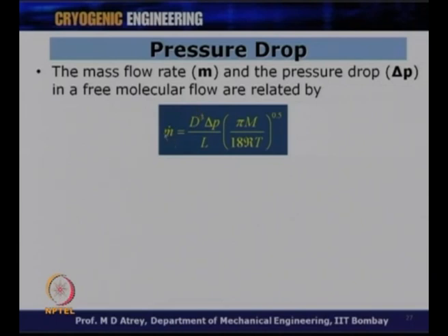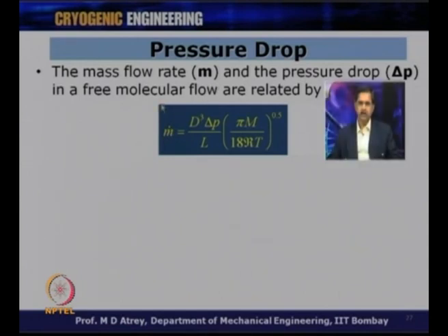If you recollect, in the continuum region it was directly dependent on d to the power 4. In slip flow it was a complex relationship, while here in the molecular region m dot is directly dependent on the power 3 of the diameter, d cube basically.